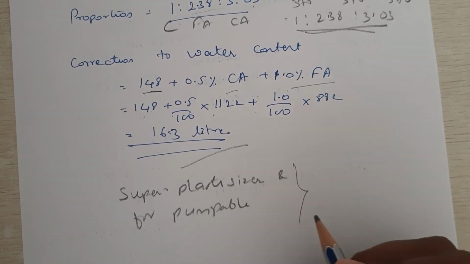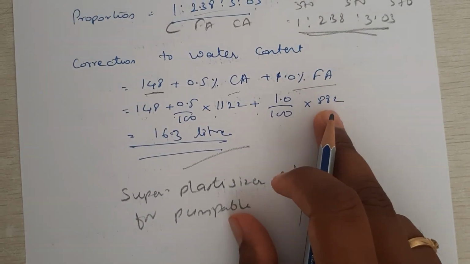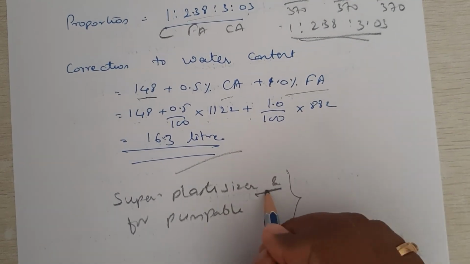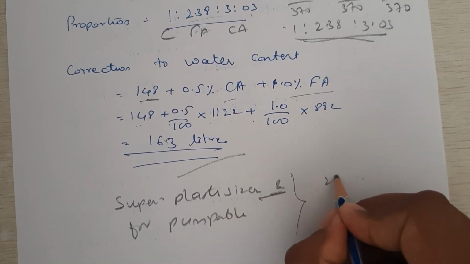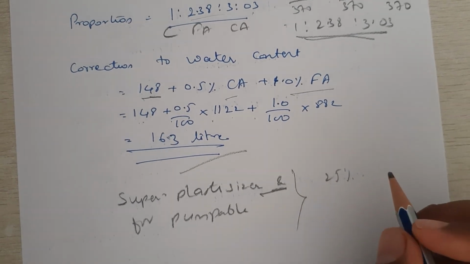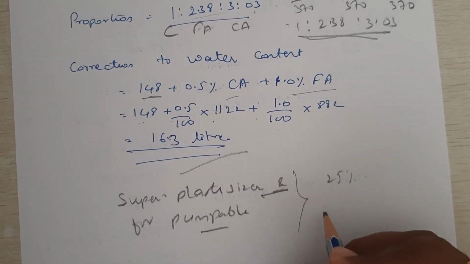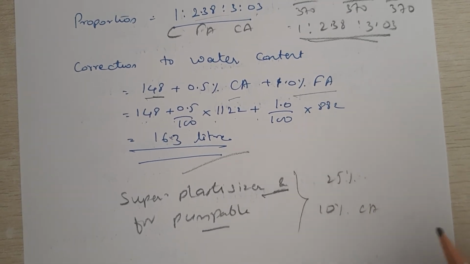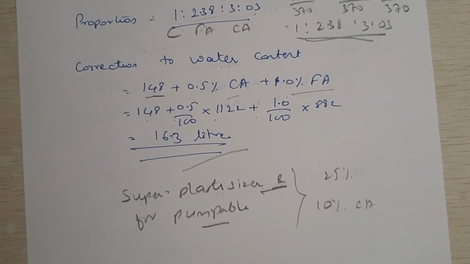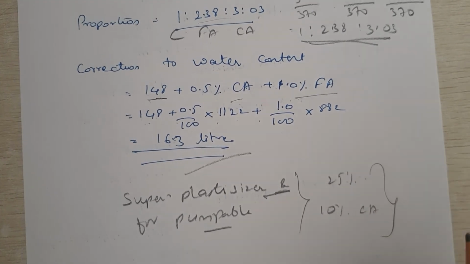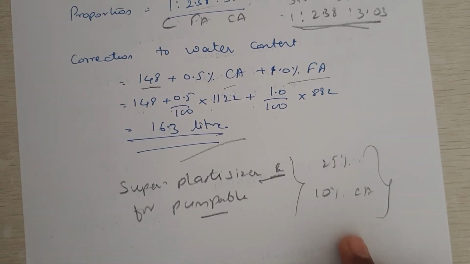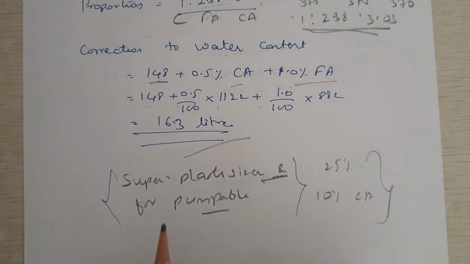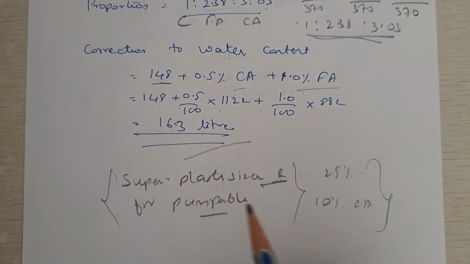So what we did here: in step 4, for the super plasticizer, we reduced the water content by 25%, and for pumping concrete we reduced the coarse aggregate value by 10% from the total volume of the concrete. This is how it will be calculated from the normal concrete calculation. This is the main difference if we are using the super plasticizer and the pumpable concrete.